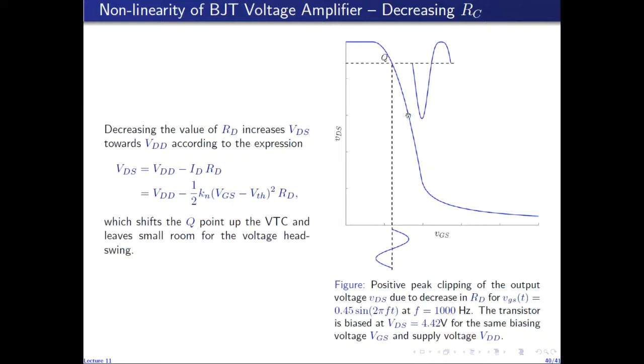Decreasing RD shifts the Q point upwards, which results in the clipping of the positive peak, because as the voltage approaches VDD, the drain current through the device reduces, and eventually the transistor goes into the cutoff mode, at which point the positive peak of the output voltage is clipped off.